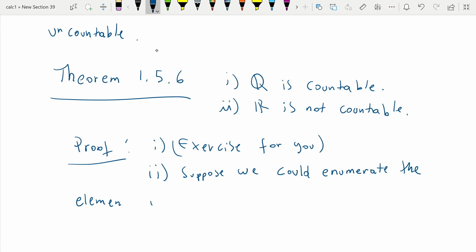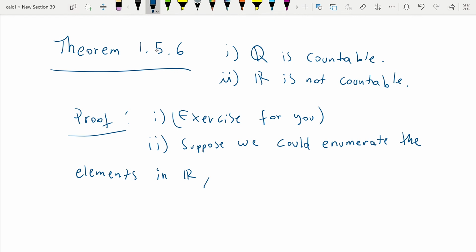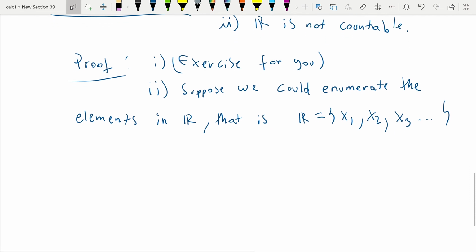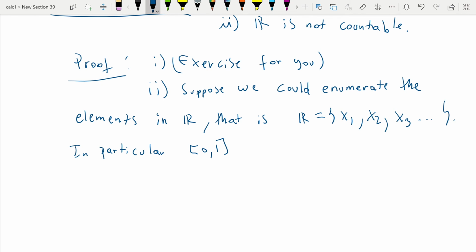That is, R is equal to x1, x2, x3, etc. Then in particular, the set (0, 1) would be countable as well.